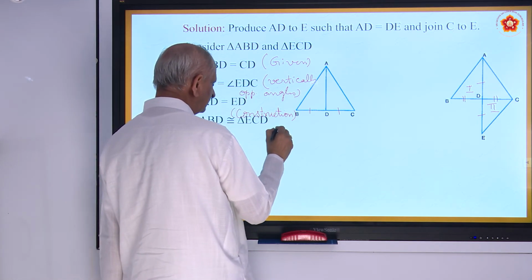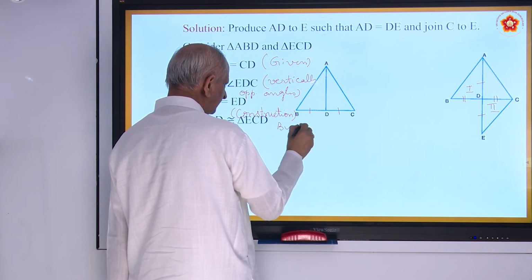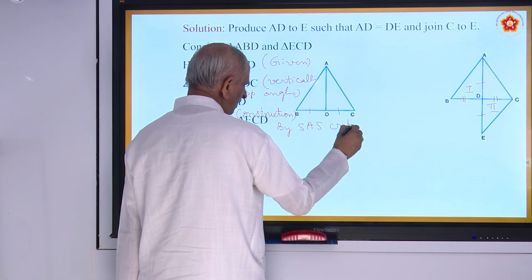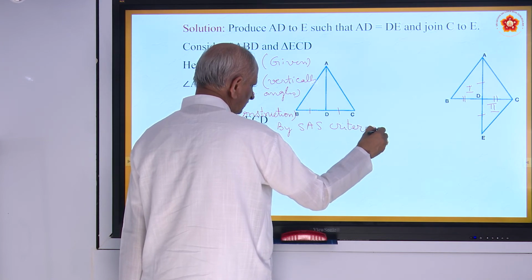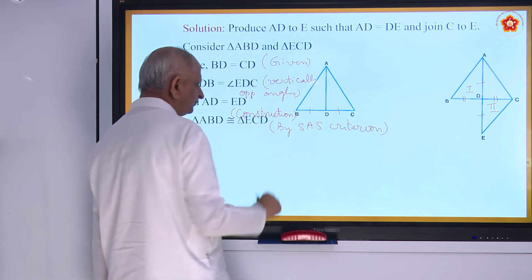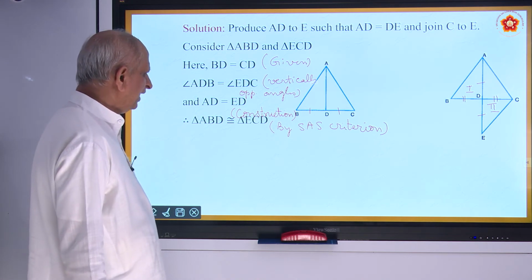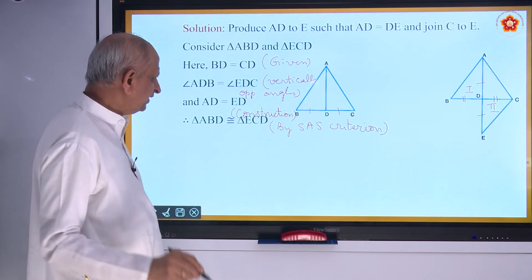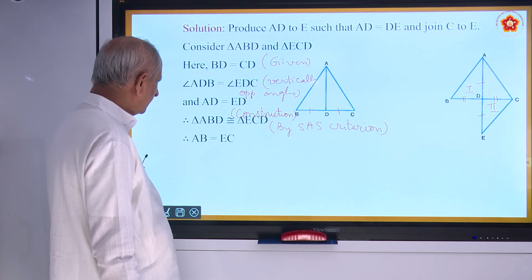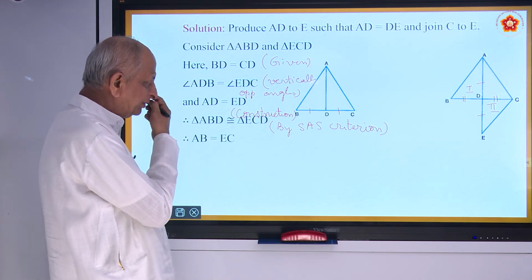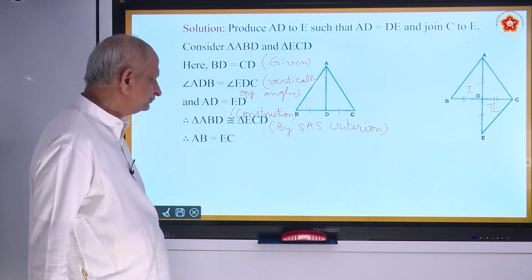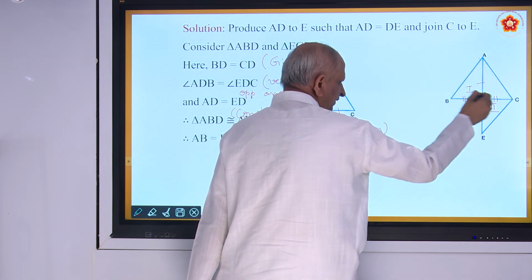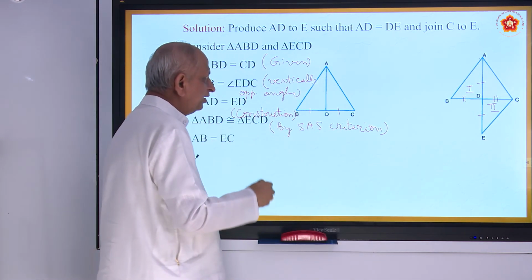So you write it as by SAS criterion, or you can write the postulate: two sides and one angle of one triangle are equal to two sides and one angle of the other. And therefore you can write AB is equal to EC. So now AB is here, EC is here, they are equal.